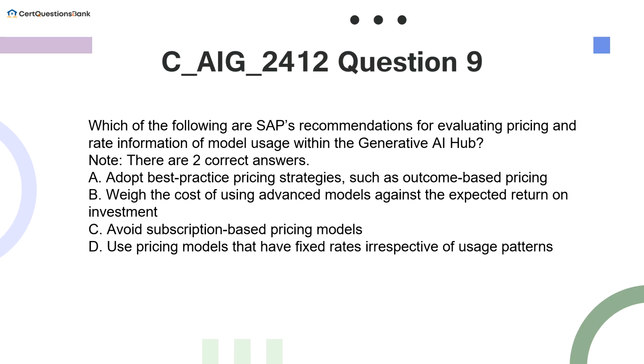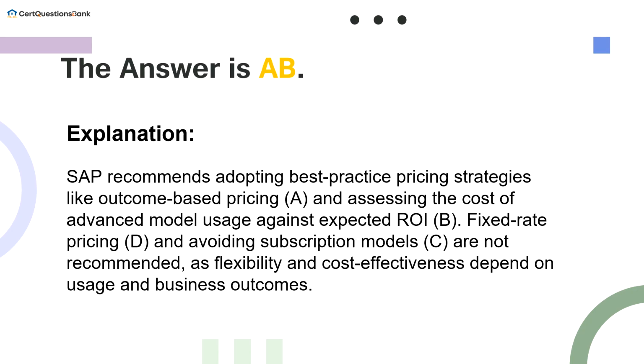B. Weigh the cost of using advanced models against the expected return on investment. C. Avoid subscription-based pricing models. D. Use pricing models that have fixed rates irrespective of usage patterns. The answer is A, B.